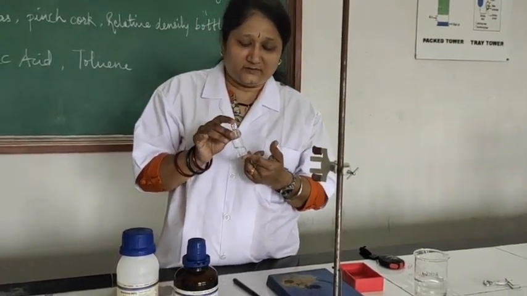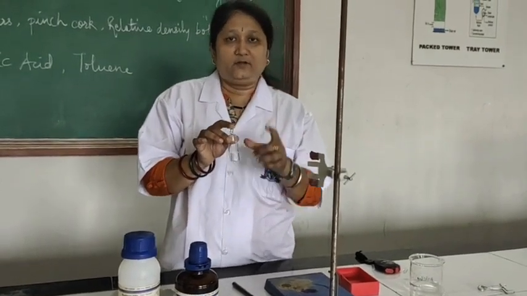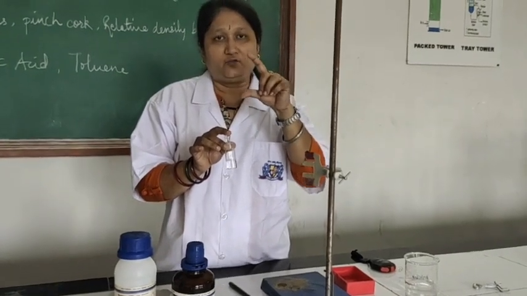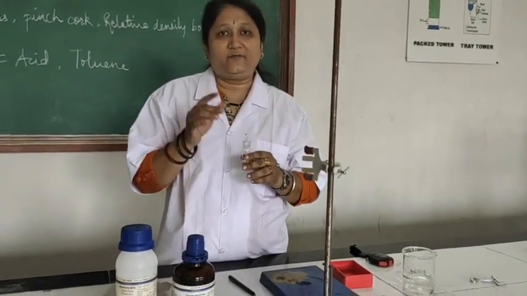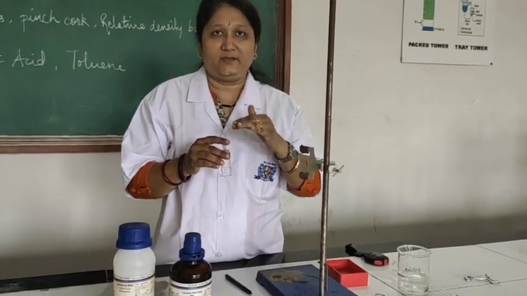Now we have to take the weight of the liquid present in the gravity bottle, that is the amount of liquid from mark A to mark B, and we have the value of the number of drops from mark A to mark B.